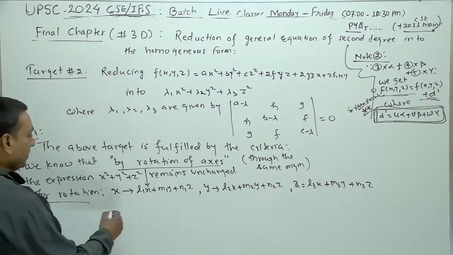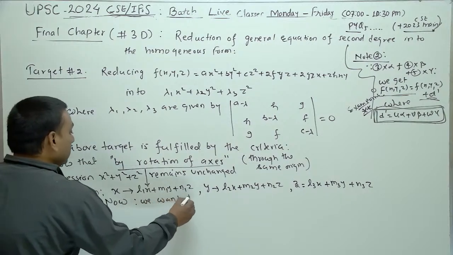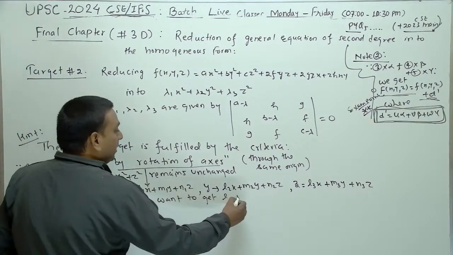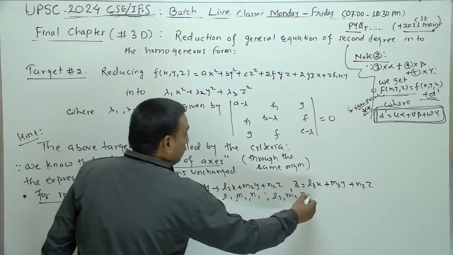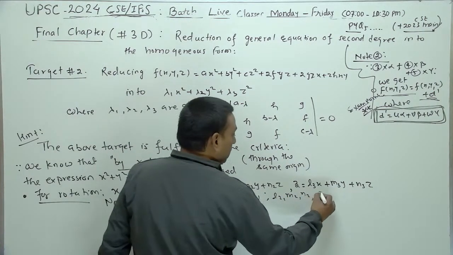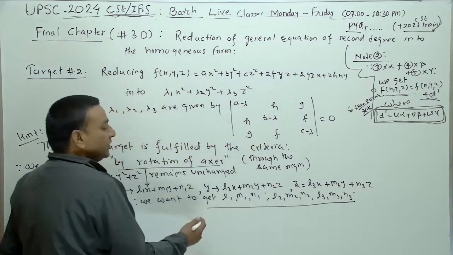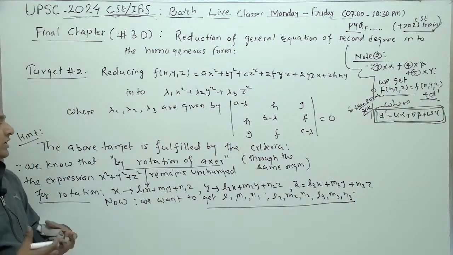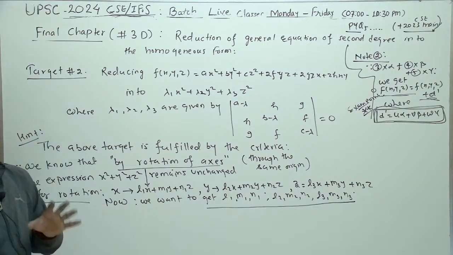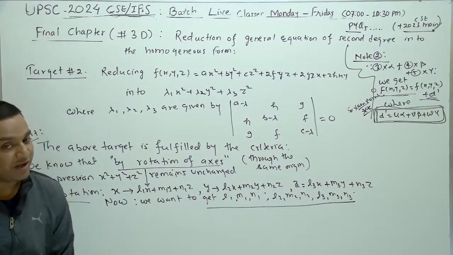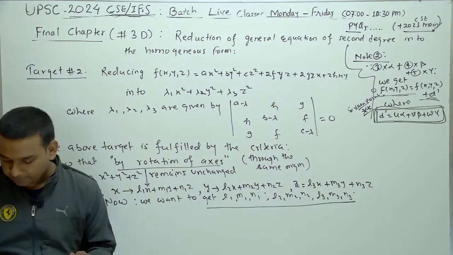Now our job, now we want to get L1 M1 N1, L2 M2 N2, L3 M3 N3. This is the target. How these will be calculated? From there we need this discriminating cubic. Fair? So what I suggest you guys, I guess video is buffering.